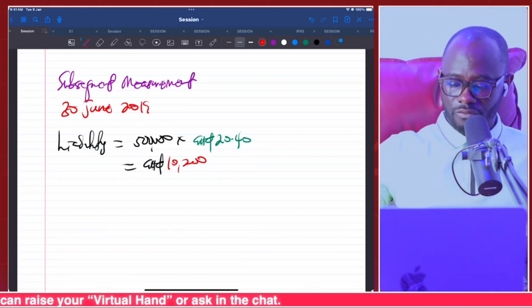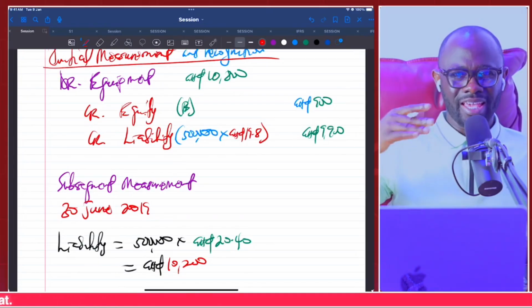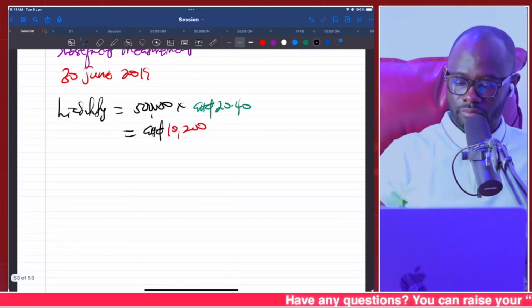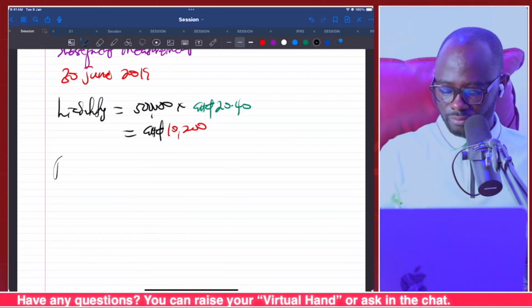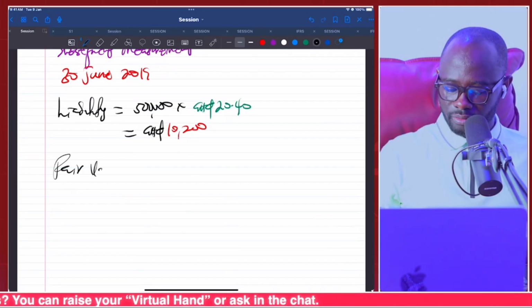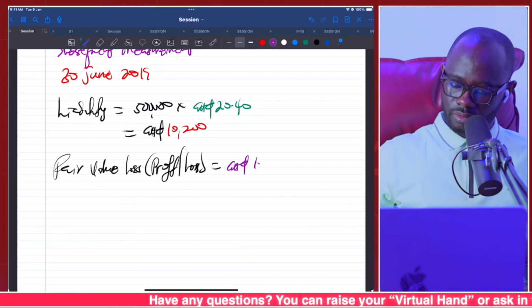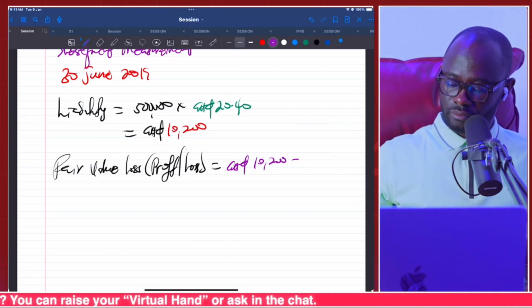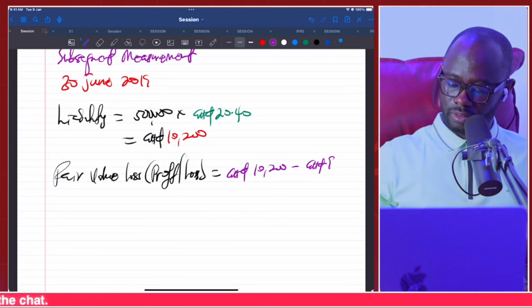But we need to get a difference between the initial measurement and subsequent measurement, and that will be increase in liability, which is a loss. So it will go to the P&L. So the fair value loss, which will be recognized in P&L, will be 10,200 minus what we got, 9,900.